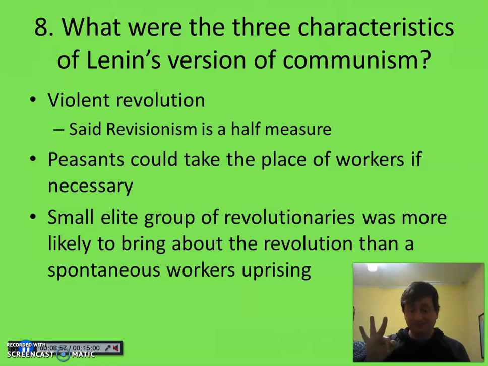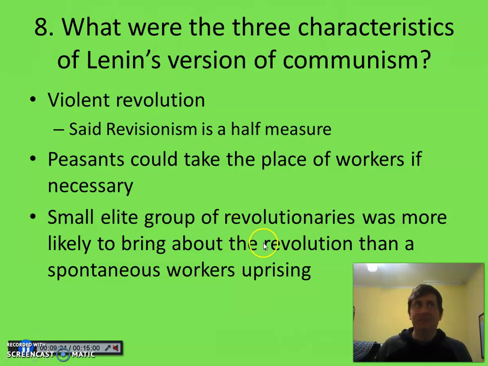Number 3, and this really sets Leninism apart, is he says instead of having a spontaneous worker uprising like Marx predicted, let's have a small elite group of revolutionaries that purposefully bring about a revolution and then bring the workers on board after the revolution is secure. And so it's this small elite band of professional revolutionaries that really sets Lenin apart.